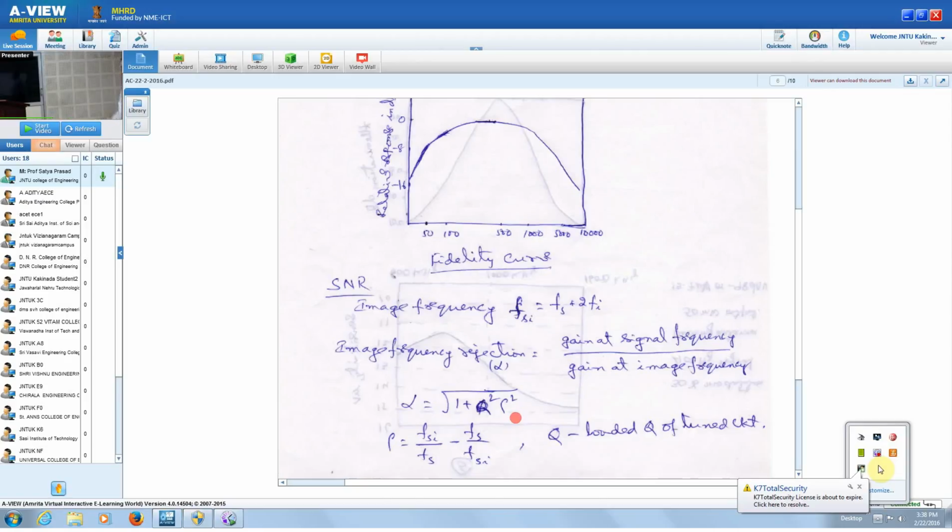So for the same tuned circuit, the alpha value for short wave frequency is going to be much less compared to the medium wave frequency band that we have. Image frequency rejection is going to be a typical problem in the case of short wave range of operation that we have.